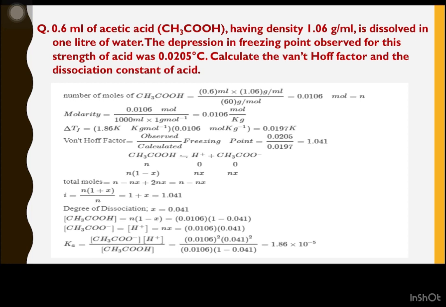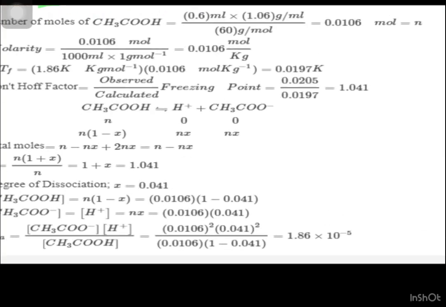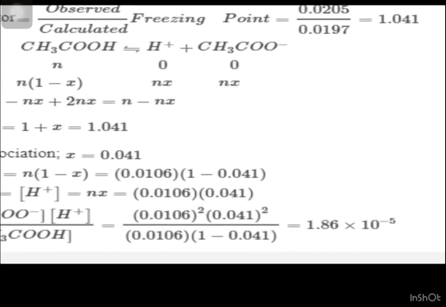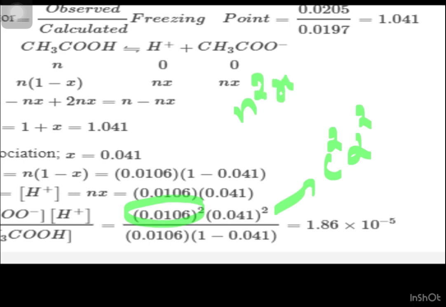So you have calculated the degree of dissociation and then you have calculated the dissociation constant also. Here, concentration, you can see. So I can write this as C square alpha square. In this question, it is written as n square x square, divided by C square alpha square divided by C 1 minus alpha.